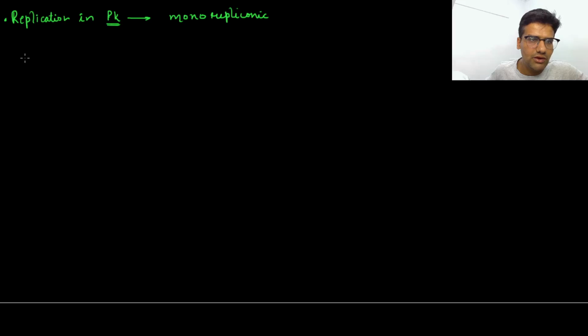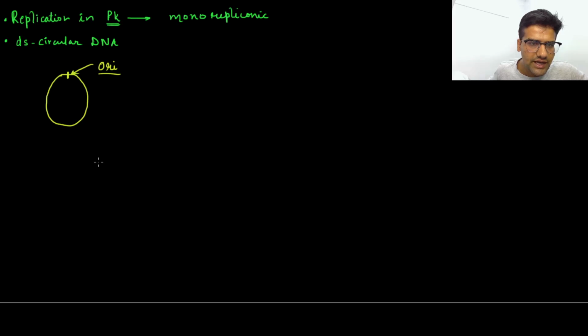If we talk about replication in prokaryotes, the prokaryotic DNA is double-stranded circular DNA. Let us say this is our DNA. At this point, the origin of replication initiates. This is called the ori. The replication starts on both sides.